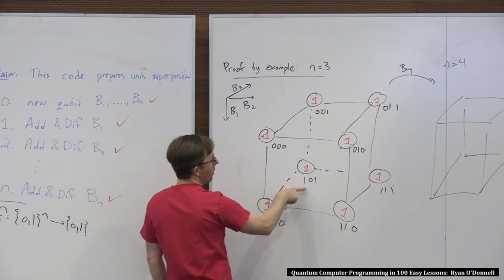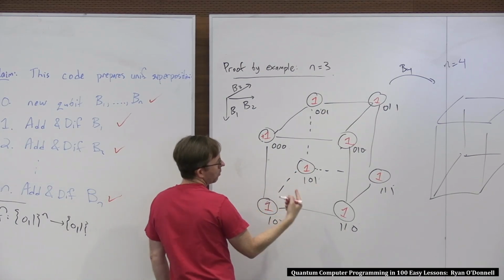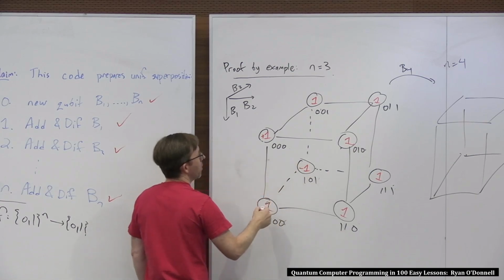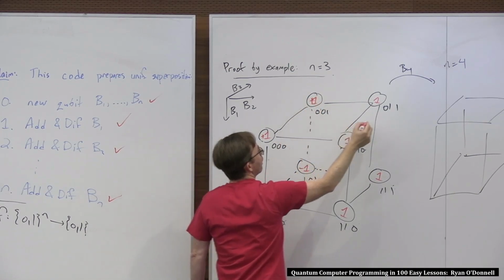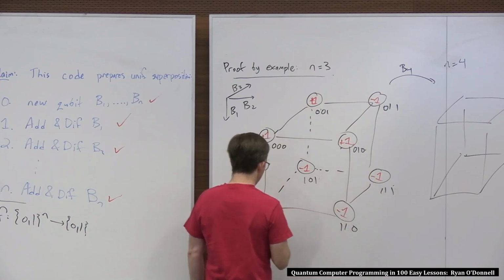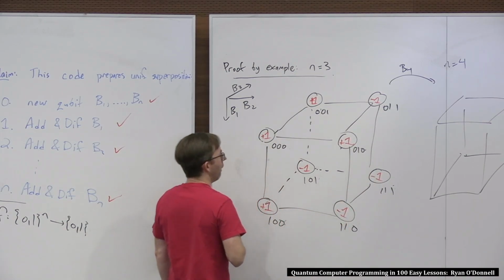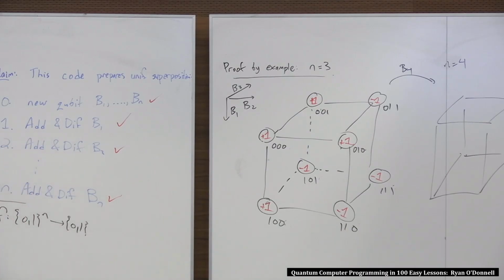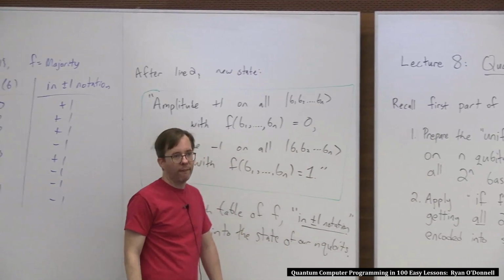The majority of 1, 0, 1 is 1, and the plus or minus notation of that is minus 1. So it'd be plus 1, plus 1, plus 1, minus 1, plus 1, minus 1, minus 1, minus 1. That would be the new state after doing this line.